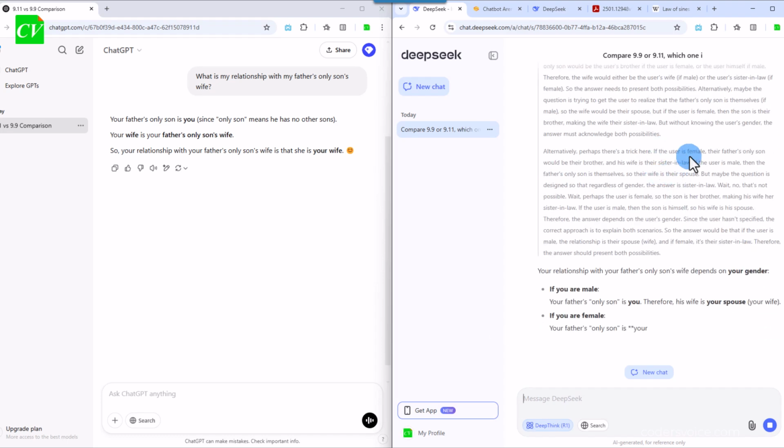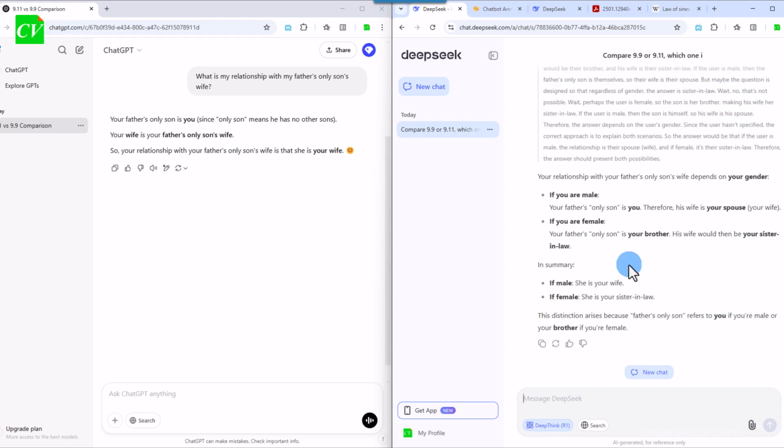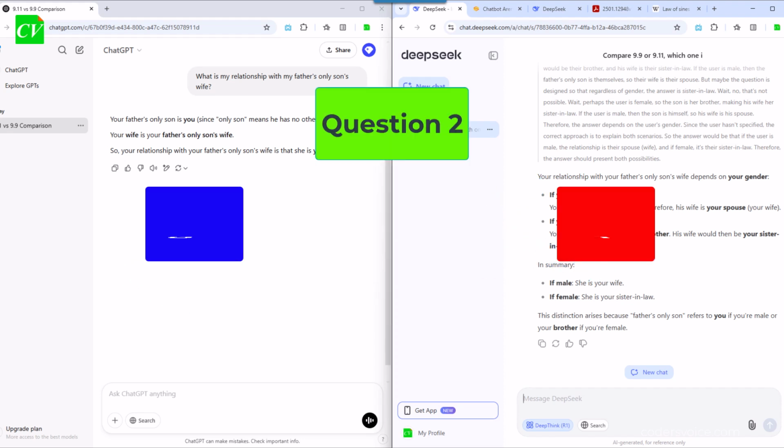So you see here, if the user is a female, DeepSeek considers the two possibilities: if you are male, and if you are female, you have a sister-in-law relationship. So obviously, DeepSeek has a better answer, and also this is the correct answer. So for question 2, DeepSeek gets 1 point, and I will give ChatGPT half a point.